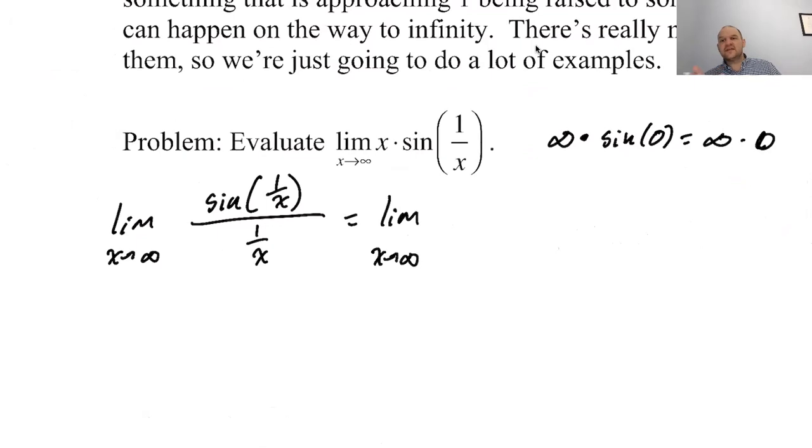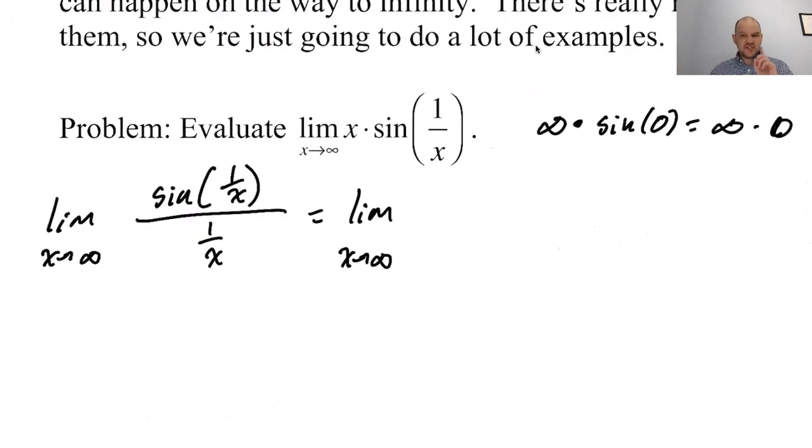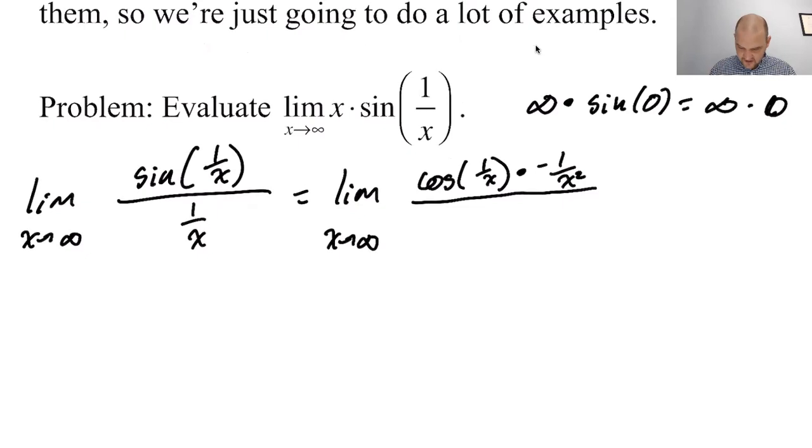This is a really common type where you have a trig function with an argument, and you end up manipulating it with the argument of the trig function in the denominator. What's nice about that is the chain rule. So we find the derivative of the top, cosine of 1 over x, and then chain rule, so times negative 1 over x squared, over the derivative of the bottom, which is negative 1 over x squared.